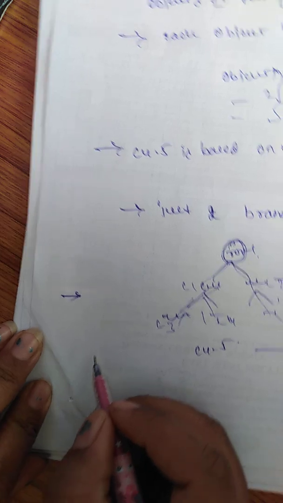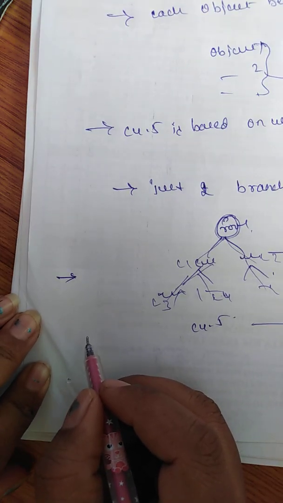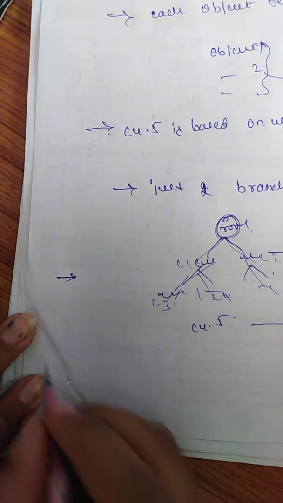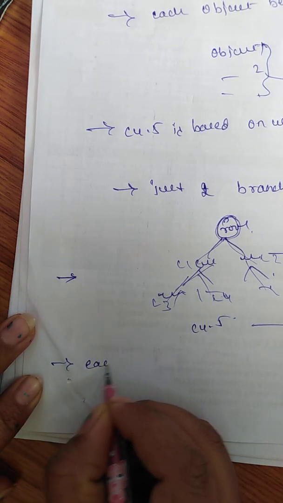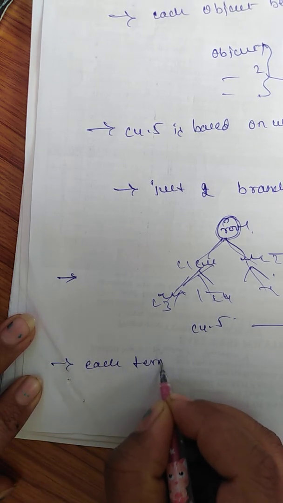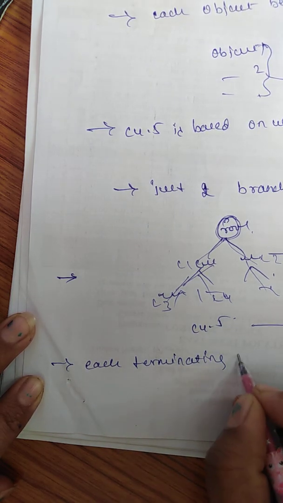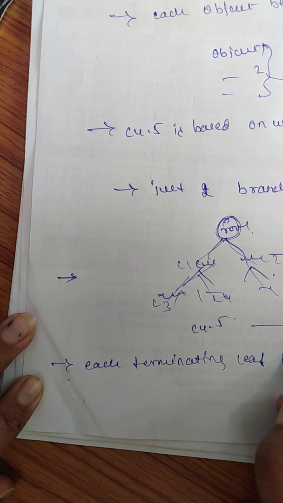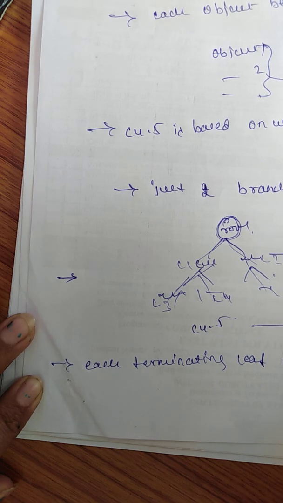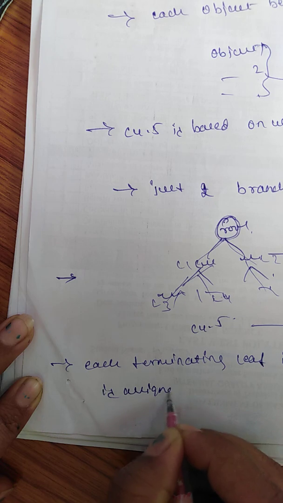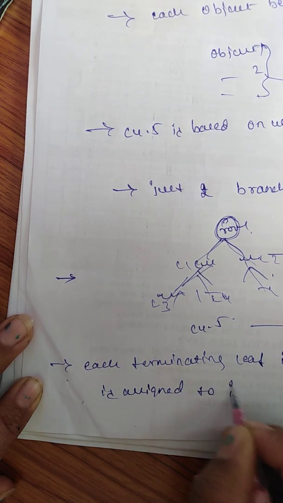Then each terminating leaf is a class and a label is assigned to it.